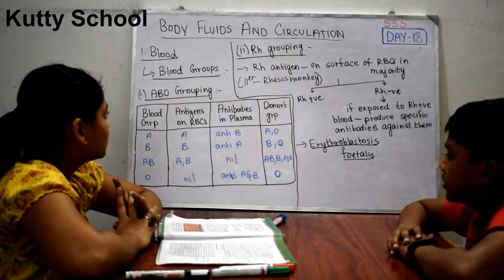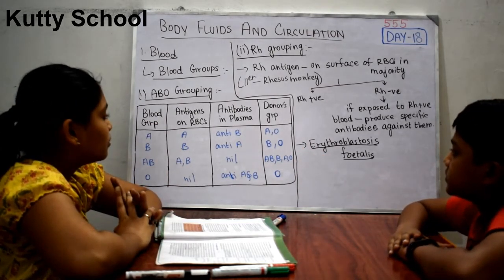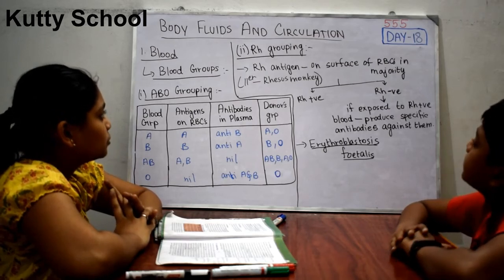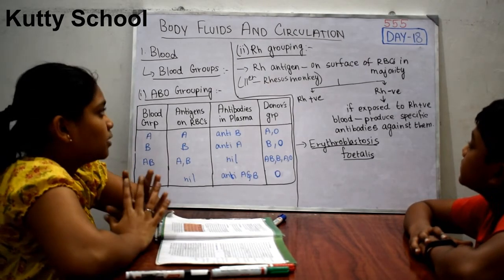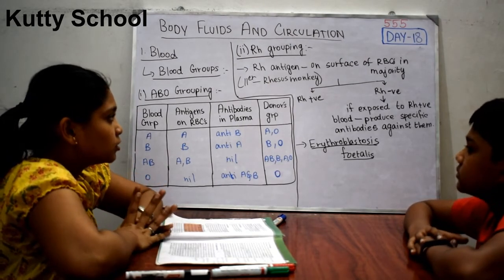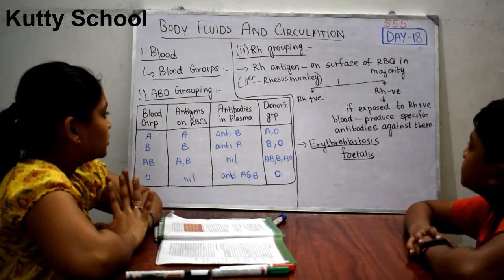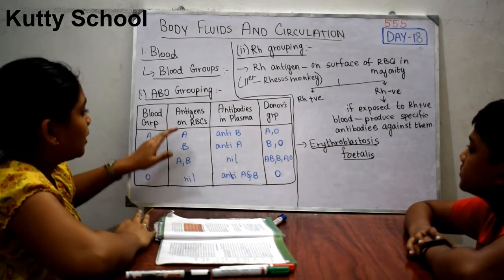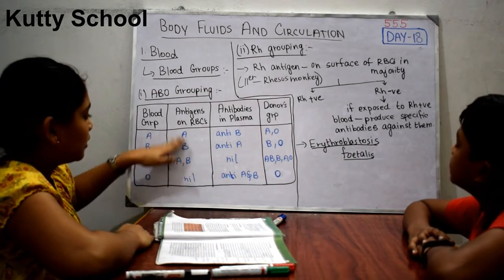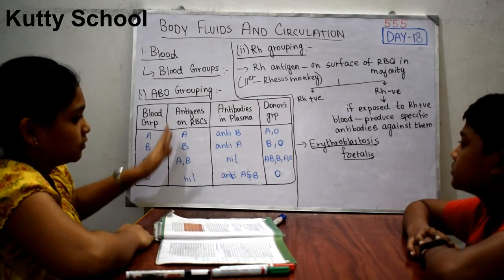So this is the first kind of blood grouping, which is ABO grouping, and the second we are going to see is RH grouping. RH grouping is based on the RH antigen, which is present on the surface of the RBC. It is an extra antigen present on the surface of the RBC other than these antigens.